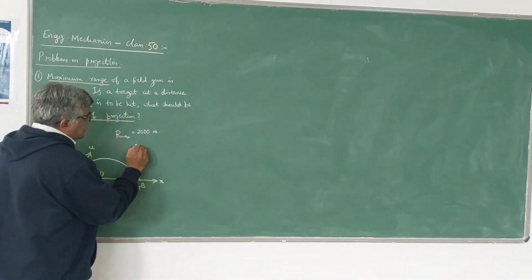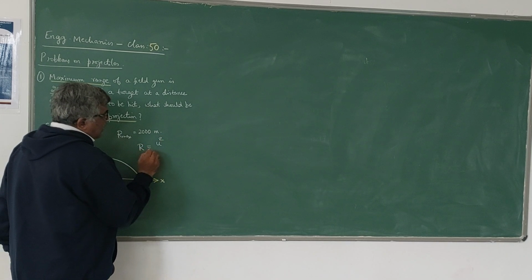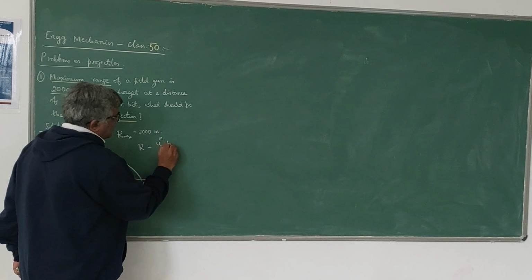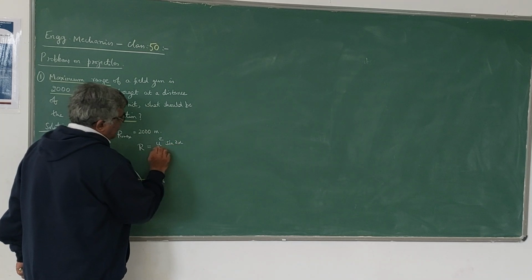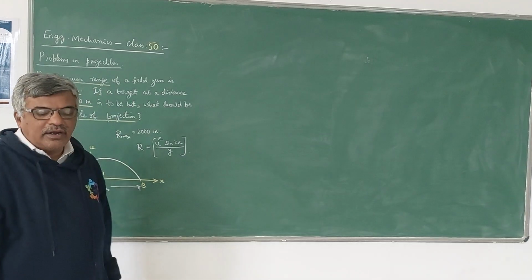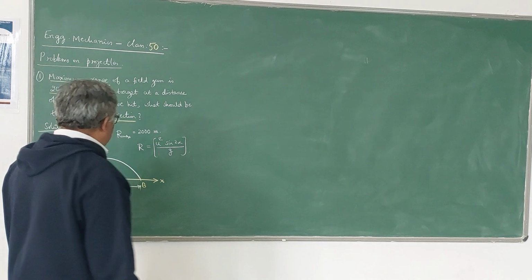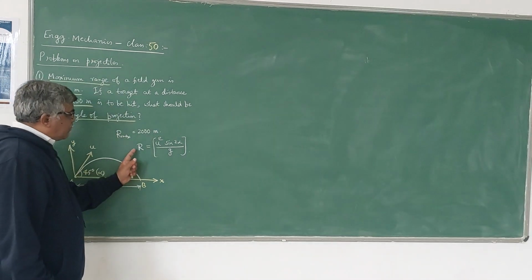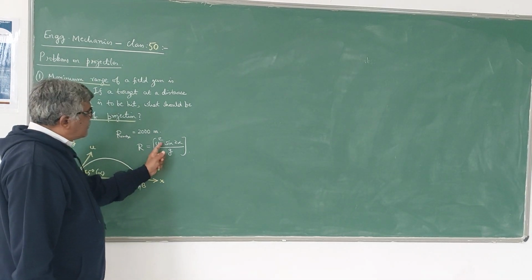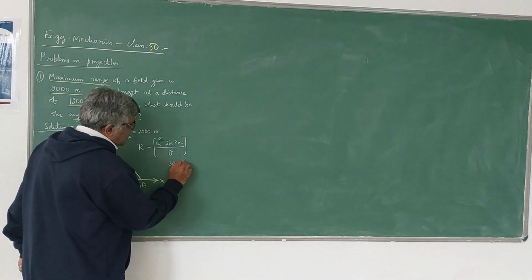For example, the expression for range in general is R is equal to u square sin 2 alpha by g. This is the formula to find the range. If you want the maximum value of this R, sin 2 alpha should be equal to 1. All this I have proved.